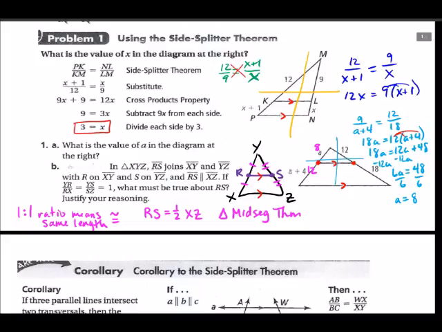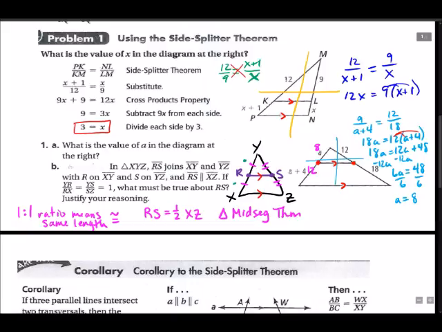I've got my side splitter theorem. So I know they're proportional. I know that the top chunk and the bottom chunk are proportional. And then it says YR compared to RX is the same as YS compared to SZ, so that works for me.